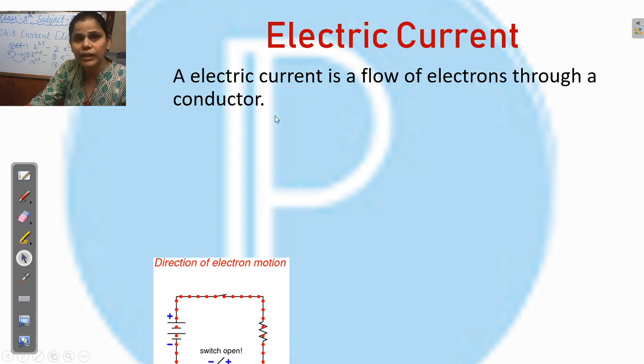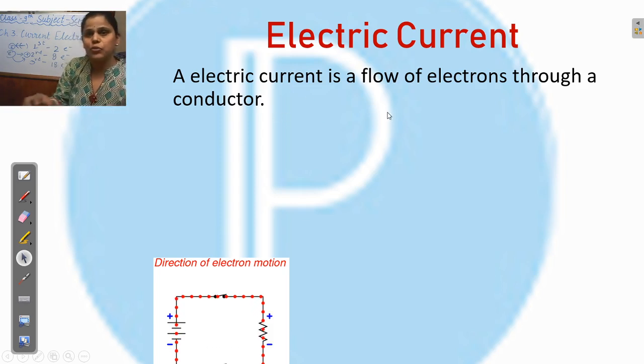Electric current is a flow of electrons. Electric current is a flow of electrons through a conductor. Conductor means the conducting wire.